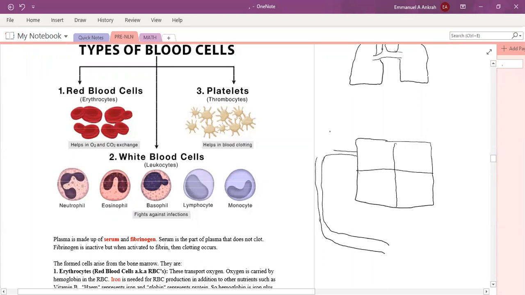We'll talk about it. Blood from the head region also brings blood vessel from here.